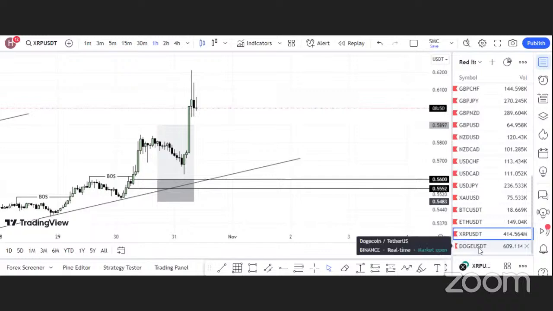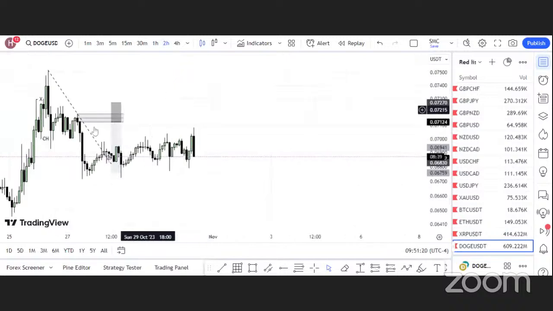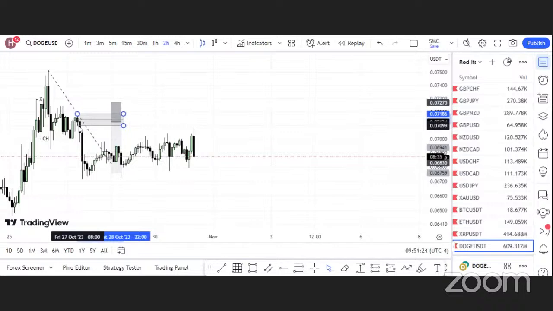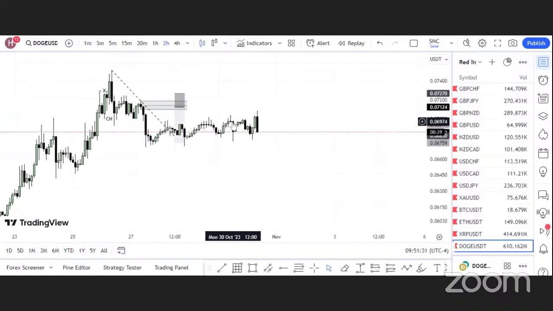Okay, so let's check Doji USDT. All right. Let's check Doji USDT.